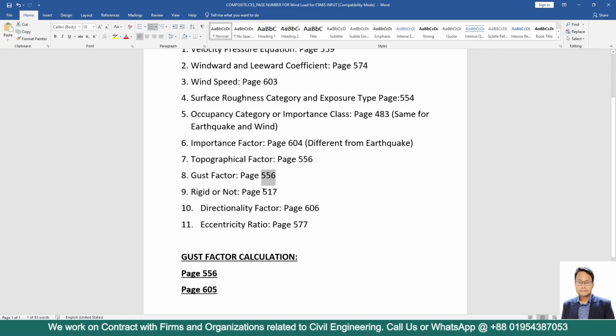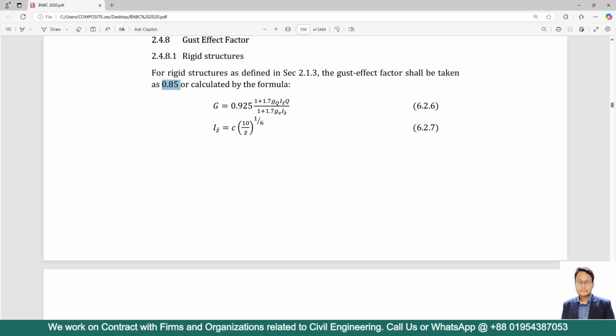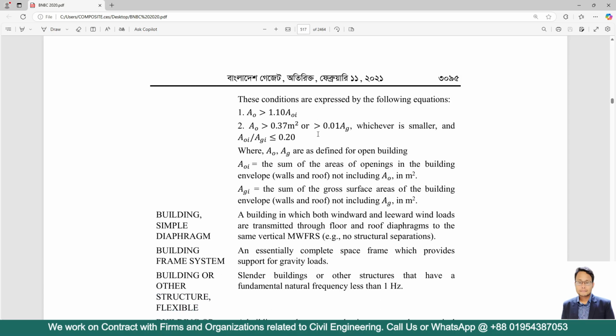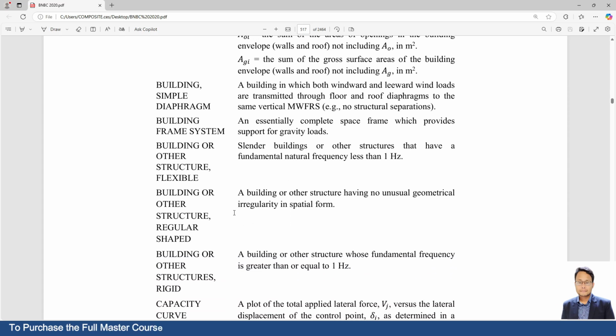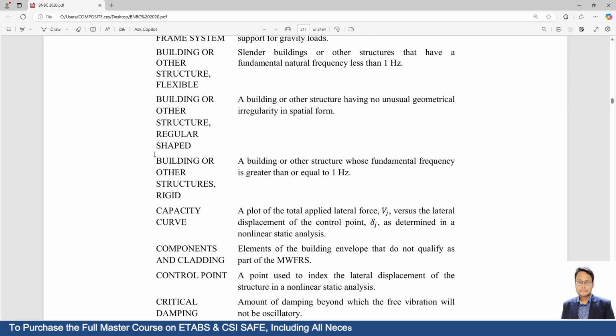Now, how to decide whether our structure is rigid or not? For that I have to go to page number 517. Here you can see: a building or other structure is rigid if its fundamental frequency is greater than or equal to 1 Hz.